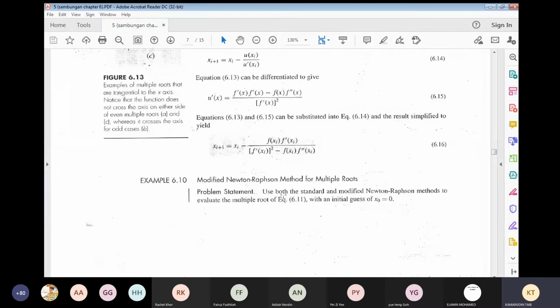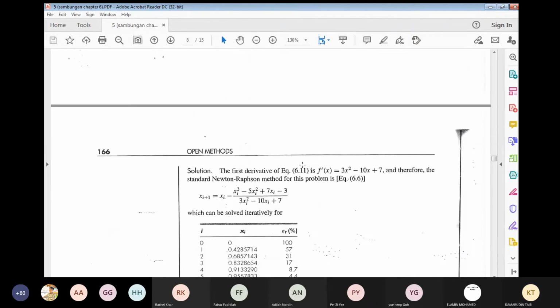Use both the standard and modified Newton-Raphson methods to evaluate the multiple root of equation 6.11 with an initial guess of x0 equal 0. So we are going to apply the usual Newton-Raphson equation with a single derivative function, and the modified Newton-Raphson with the double prime function.